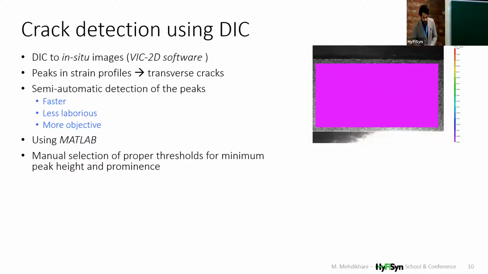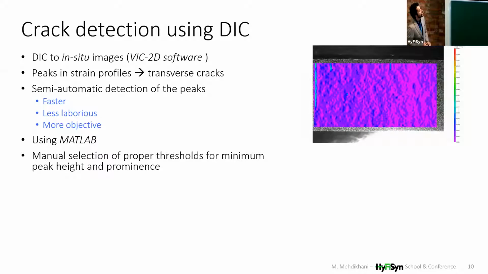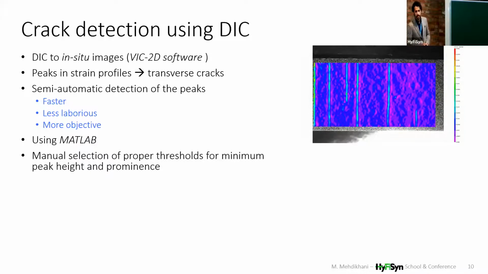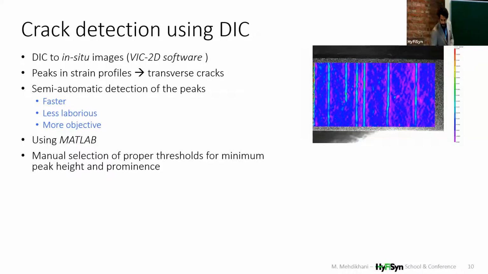The results look like something like this. For a strain map at the surface view, you can see that the transverse cracks here start from the edge and span through the width of the specimen.